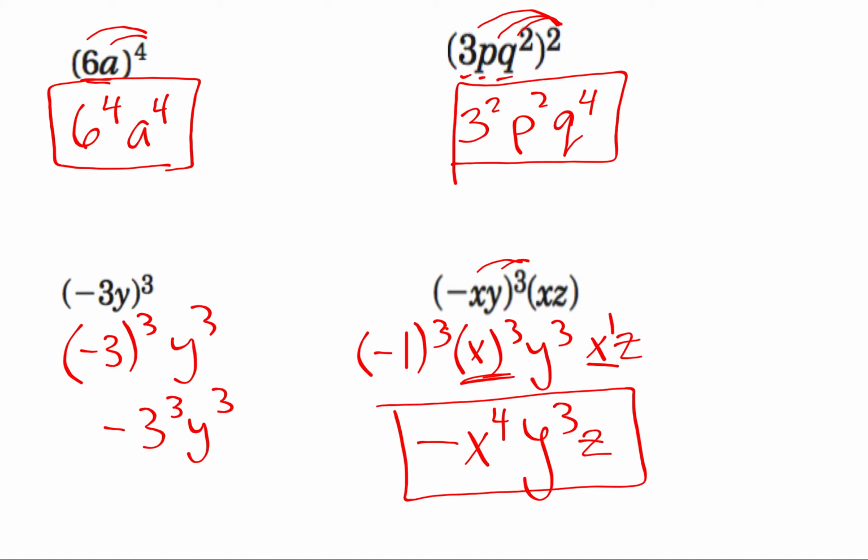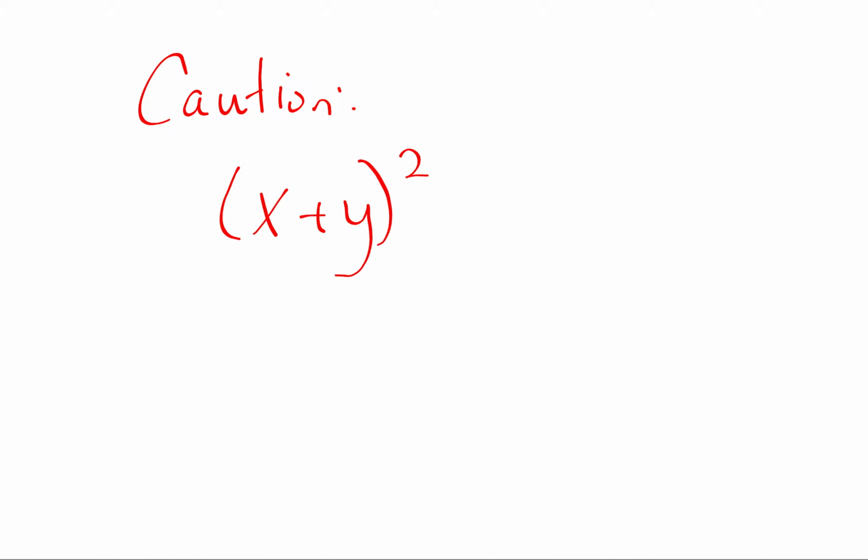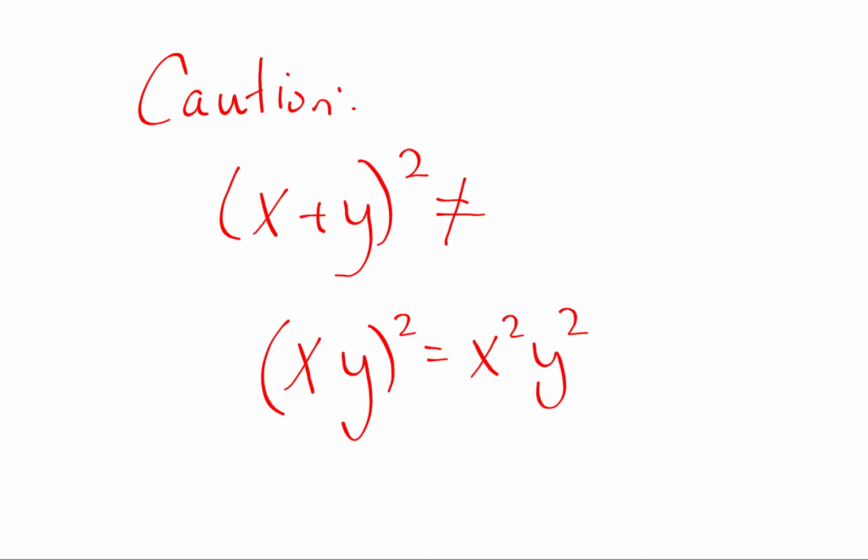Now there is one caution that I want to give you, and that is that this distributive property does not work for addition. It only works for multiplication. If it's addition, things get rather complicated.